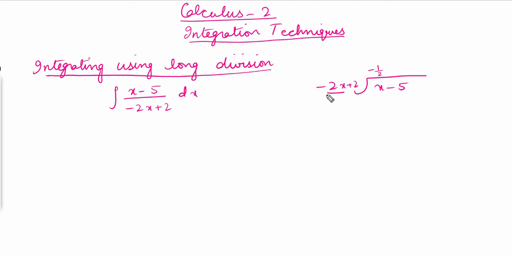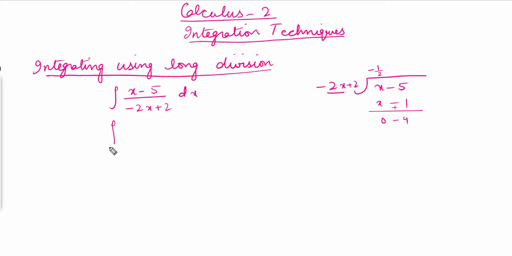I'll multiply it with this one, so I will get x minus 1, so x minus x will become 0, and minus 5 plus 1 will become minus 4.